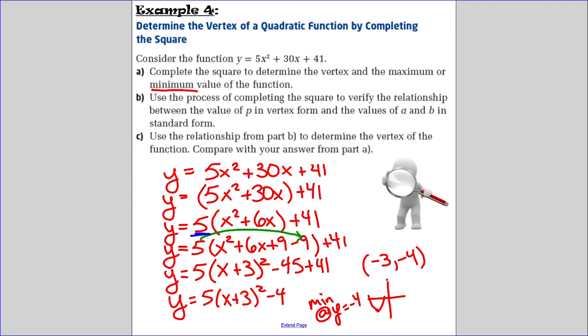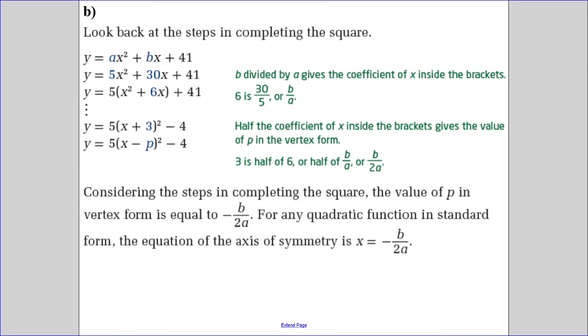So really, this value in the middle becomes like b over a if I were to factor this out. Let's visualize that we have ax squared plus bx, and when I factor out the 5, do you see how this becomes 6?